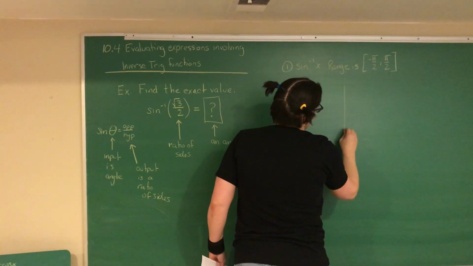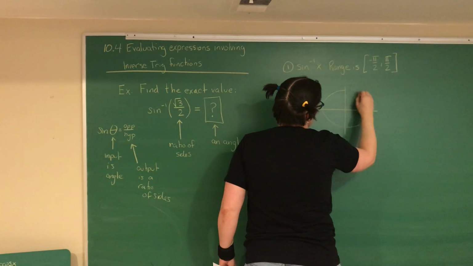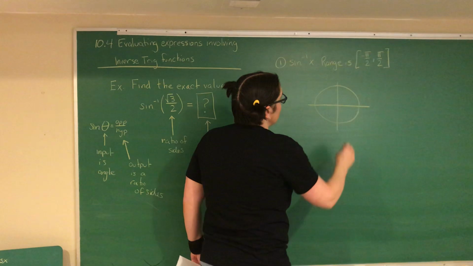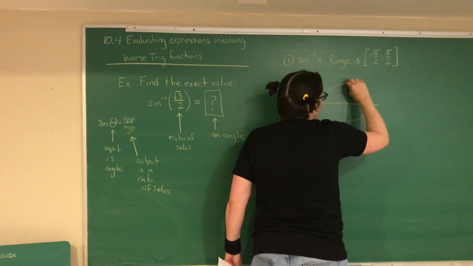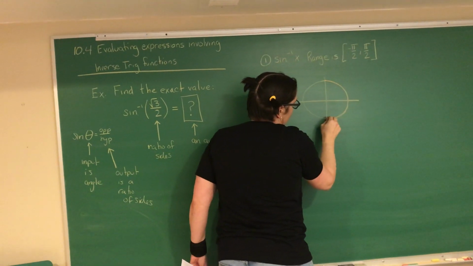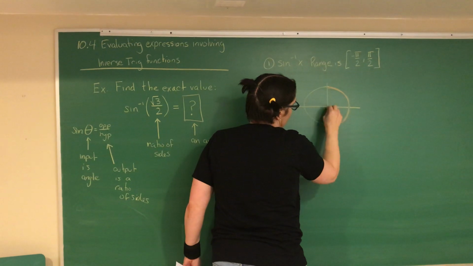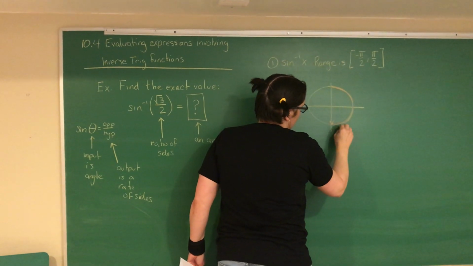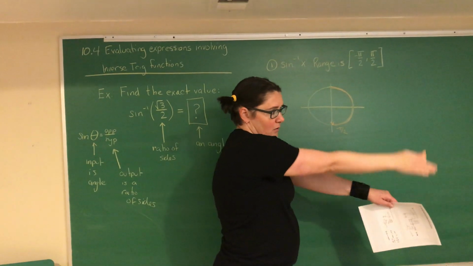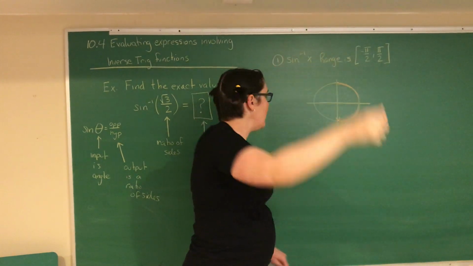Okay, so what this tells me when my range is negative pi over 2 to positive pi over 2 is if I'm thinking about the xy plane and I'm thinking of sort of a circle of angles, maybe I can think about the unit circle here. What I'm thinking about is I am looking for angles that are on the right-hand side of this circle. Okay, angles that start at an angle of negative pi over 2, swing counterclockwise up to 0, and then swing up to a positive angle of positive pi over 2.